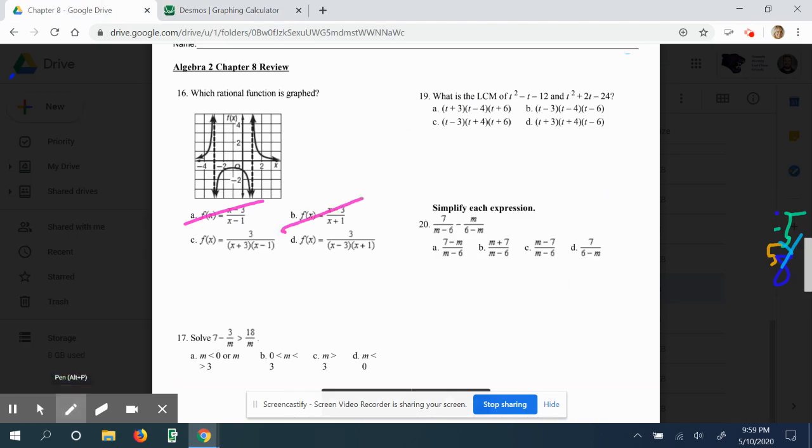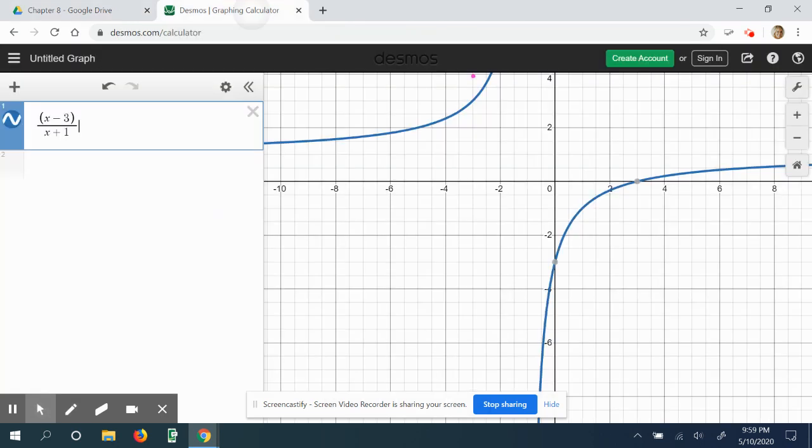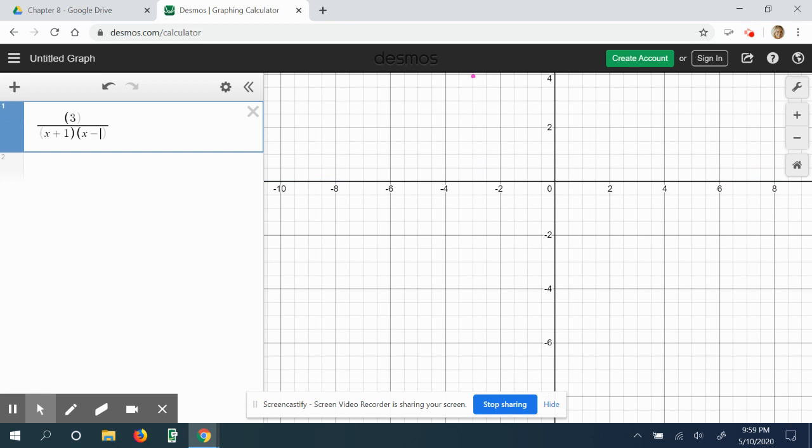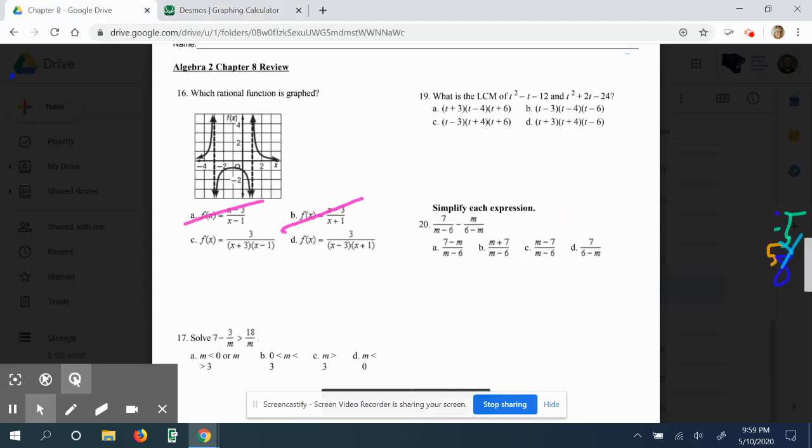Now we go to C, 3 over x plus 3 and x minus 1. So we say 3 over, okay, and I did x plus 1 and x minus 3.